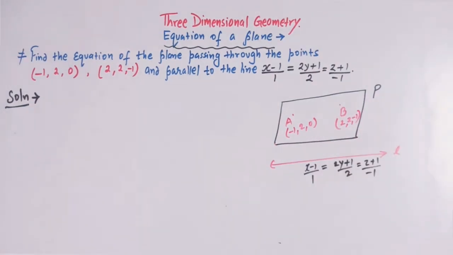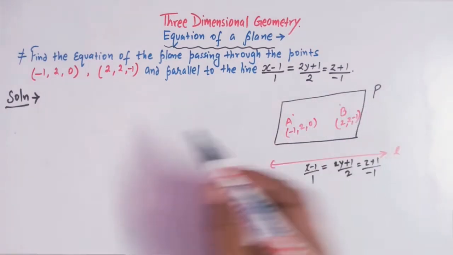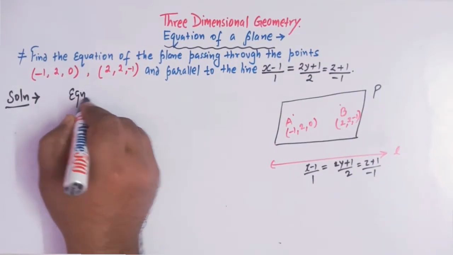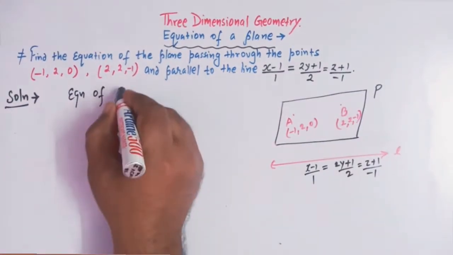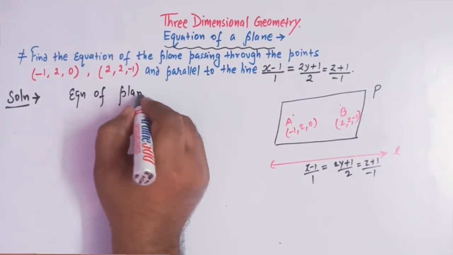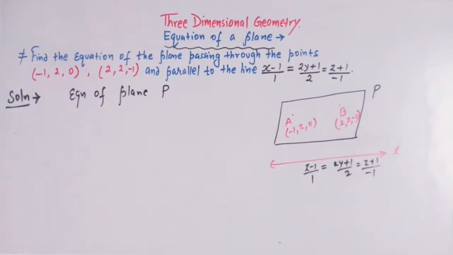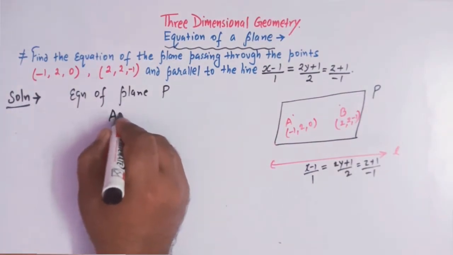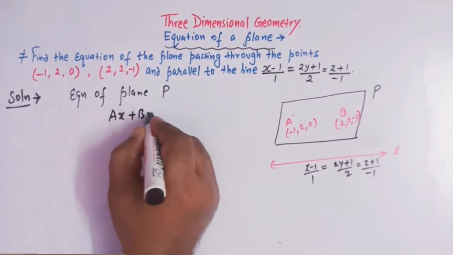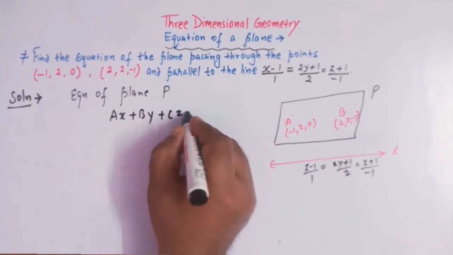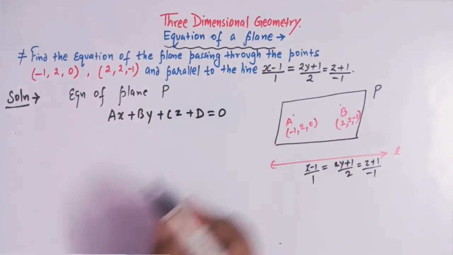So now here our aim is to find out the equation of this plane P, right? So the equation of plane P is to be obtained, and we know from three-dimensional geometry that the equation of a plane is given by this equation, that is ax + by + cz + d = 0, right?